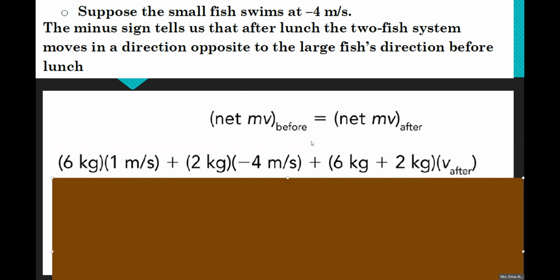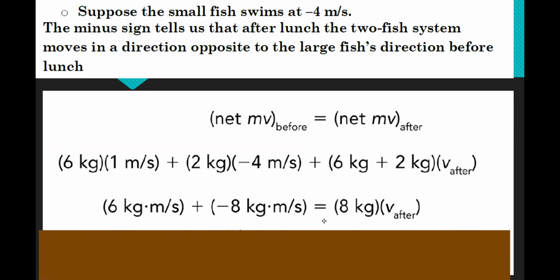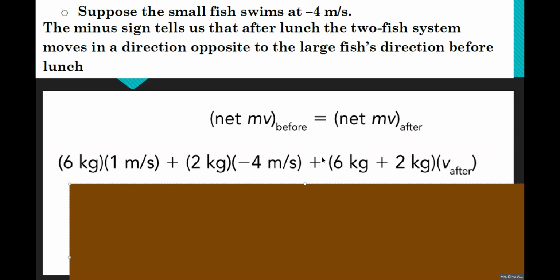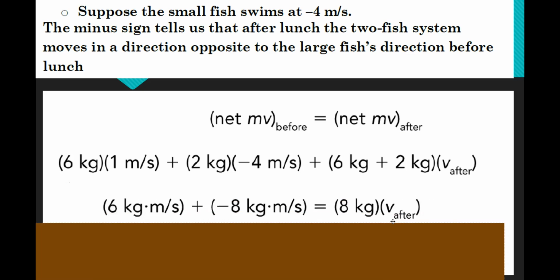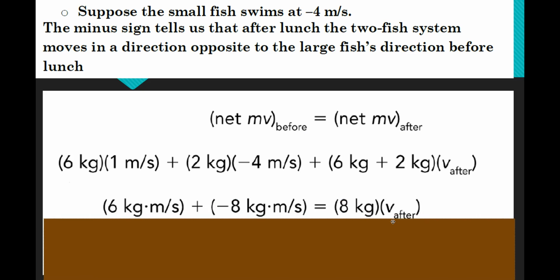Okay, equals. Here we have equal by mistake. Okay, 6 plus 2 times the velocity after.